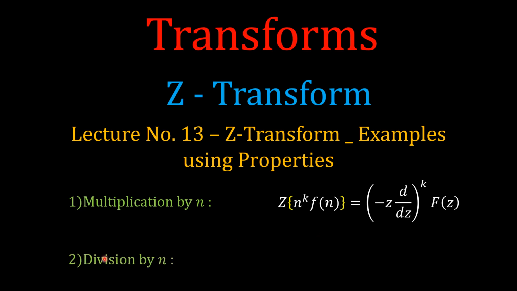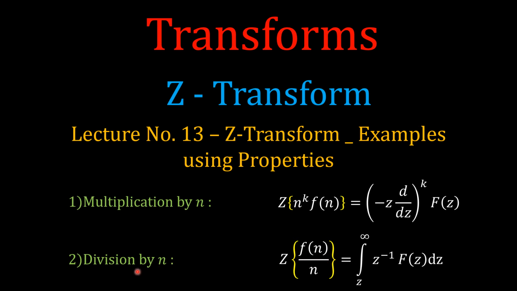And second one is division by n, which is Z transform of f of n upon n is equal to integration from z to infinity of f of z upon z dz. Again, f of z is Z transform of the sequence f of n.